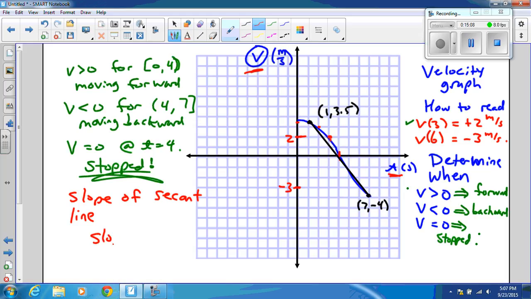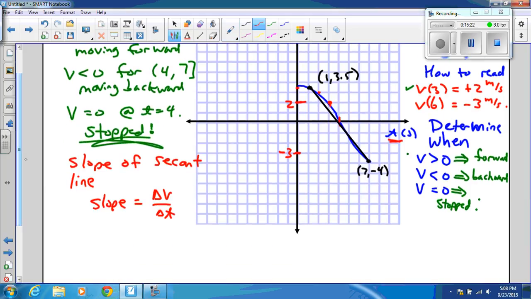If I want to know the meaning, then I first need to write its slope in terms of the two axes. And the slope is going to be equal to delta V divided by delta T. Vertical rise over horizontal run.